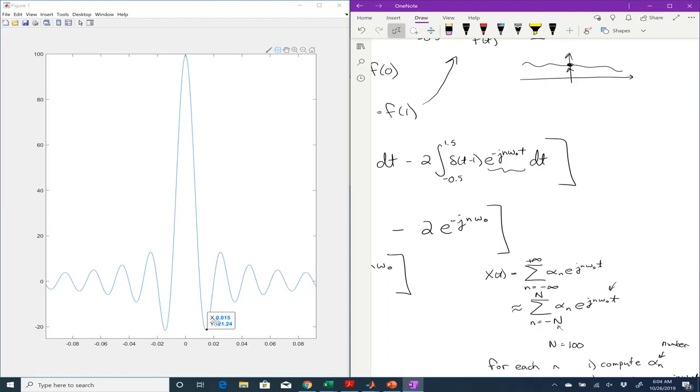All right, remember these two lobes right here, at negative 0.015-ish and 0.015-ish, or 0.014. Let's include 400 harmonics instead of 100, and let's see what happens to both the height and the width.